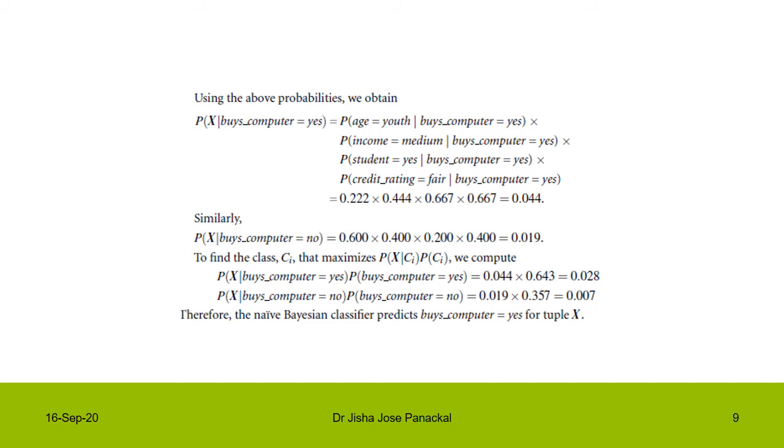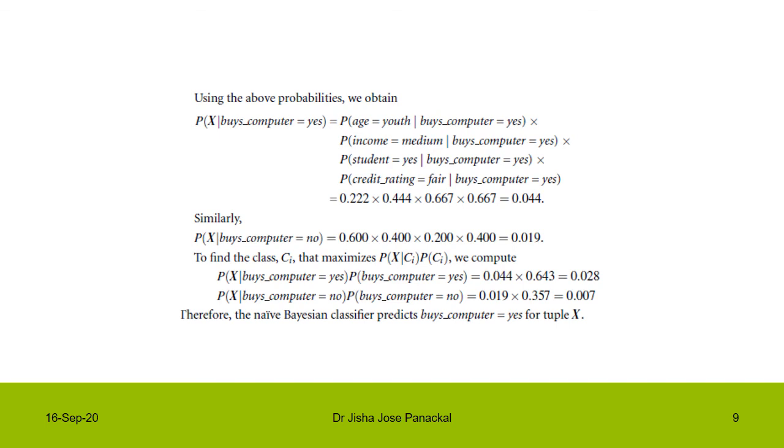The next case we also calculate, that is, for the next class, the probability of x conditioned on buys_computer no times the probability of buys_computer no. We get a value of 0.007. Therefore, the naive Bayesian classifier predicts that the new tuple comes in category 1, that is the class yes category, for tuple x. So this is the way the naive Bayesian classifier works.